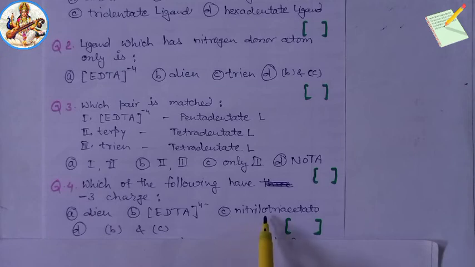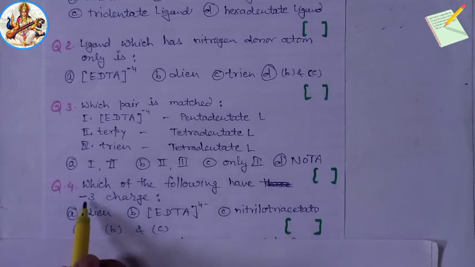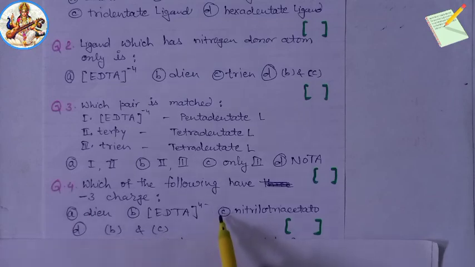Option C, nitrilo triacetato. We know that nitrilo triacetato is a tetradentate ligand and its charge is -3, and option D, B and C. So the answer will be option C.